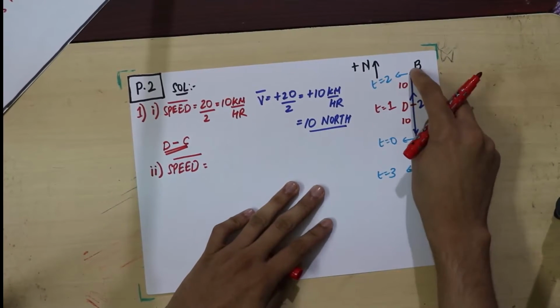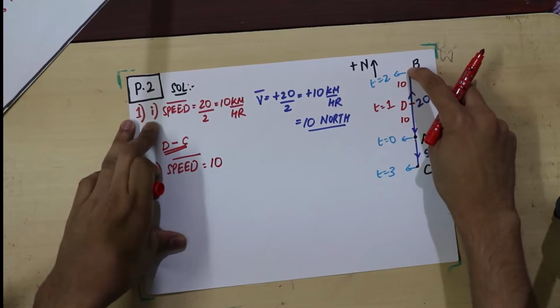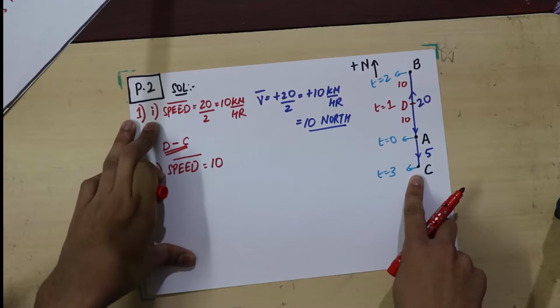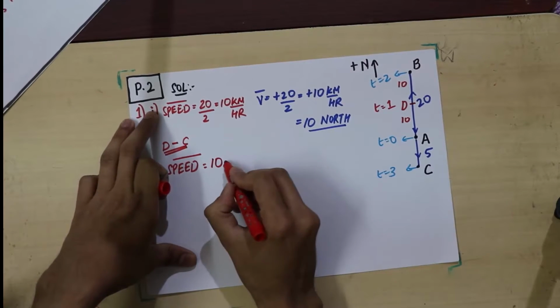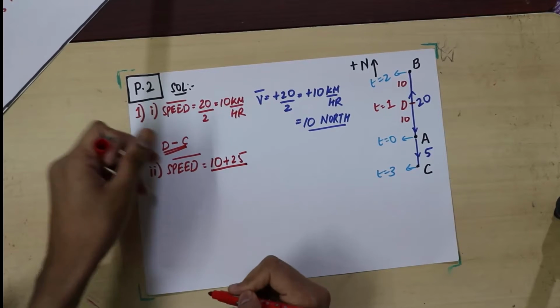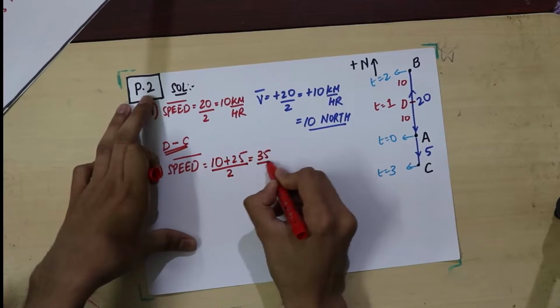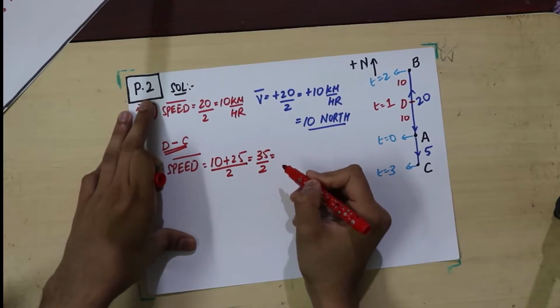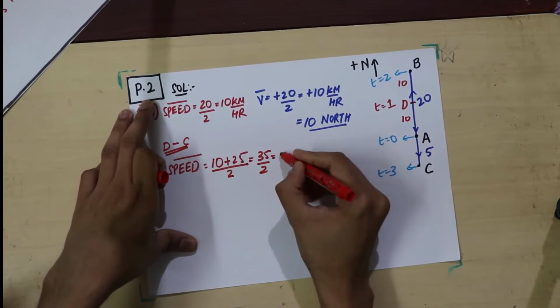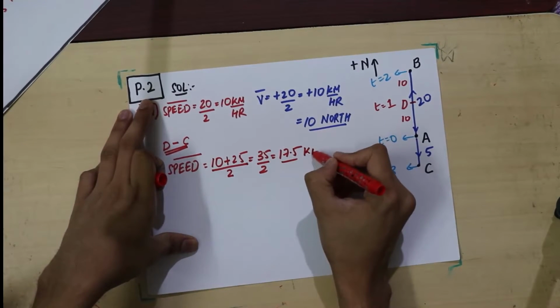So he first goes 10. So let me write that. It's 10 from here to here. Then he goes 25. So 10 plus 25, divided by, what's the time span? Well, that's 2. So that's 35 divided by 2. That is 17.5. Right? Kilometers per hour.